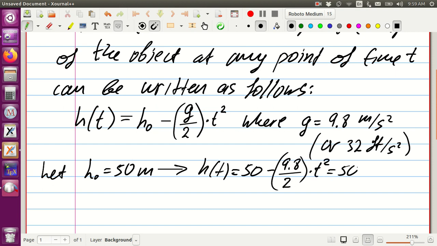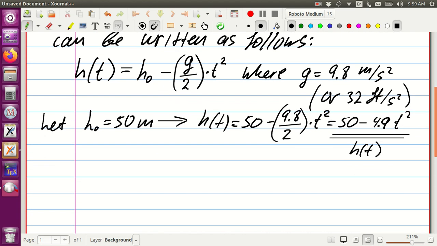And if we simplify it, we get 50 minus 4.9 t squared. That's our formula for this height at any time t.